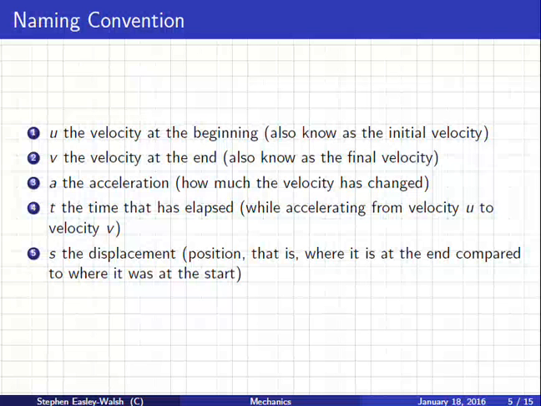But what's the unit? Let's have a look at the units here. So a equals this divided by this. What's the units for velocity and then the units for time? If you remember, velocity's dimensions is length per time.